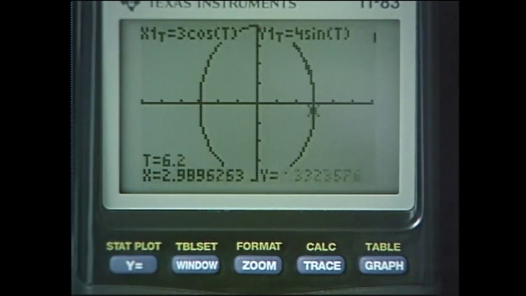And as I get to 6.3, then 6.4, 6.5, and so on, you see that the icon will just keep on going until we reach the maximum for our value of t, and it will just continue to wrap like this continually until we reach whatever maximum we have set. If we set a maximum of 100, for example, we just keep going around and around and around until we arrive at 100.